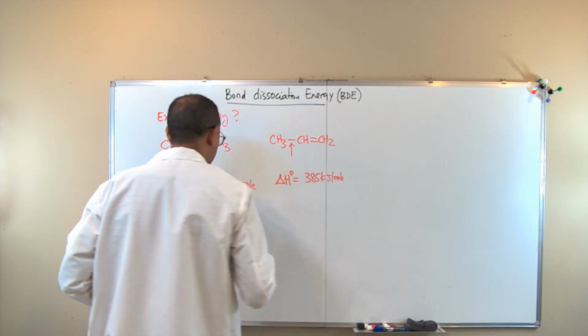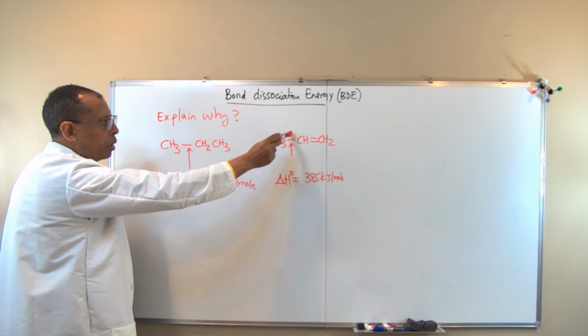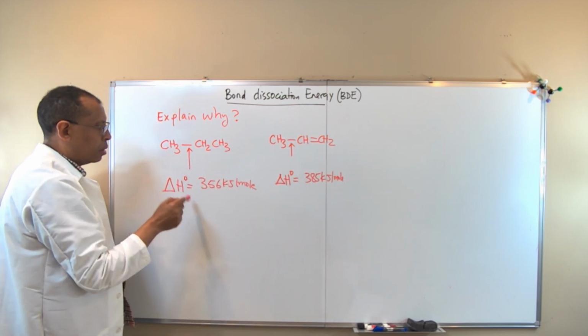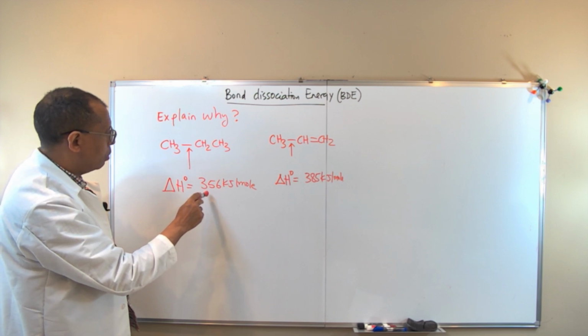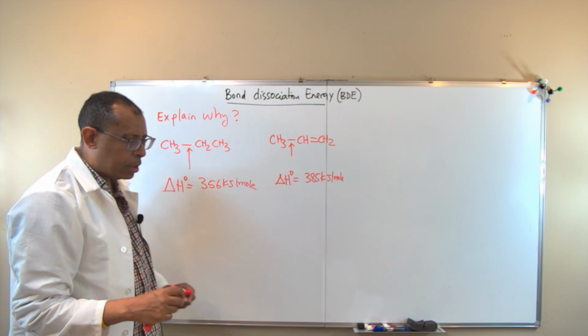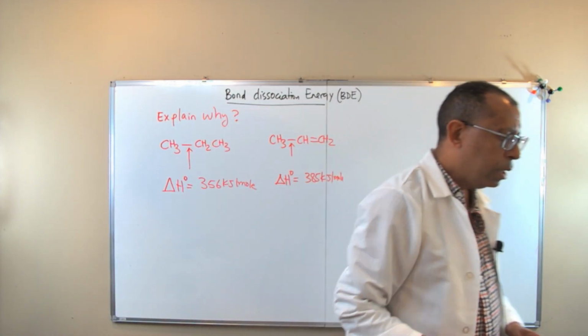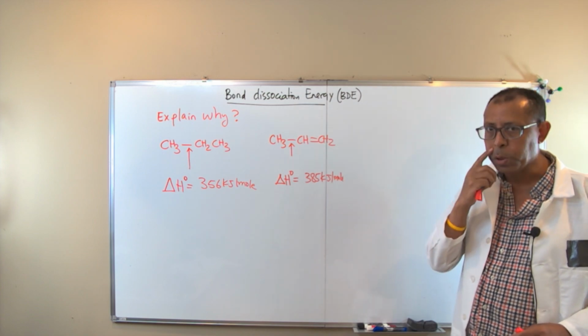So clearly, as you see, the bond dissociation energy required to break this bond is higher than this by close to 20 or maybe 20-something kilojoules. So what is the explanation for the difference in the bond dissociation energy in these two compounds?